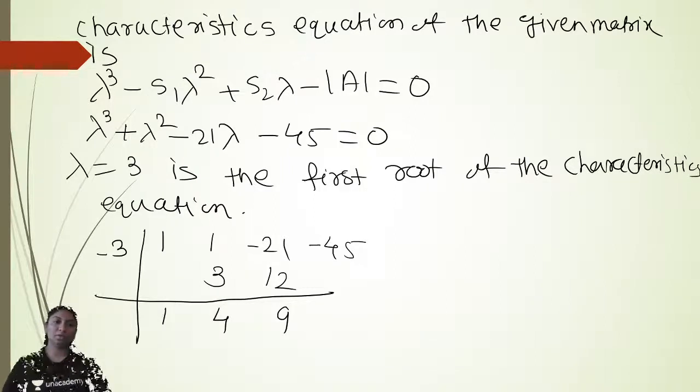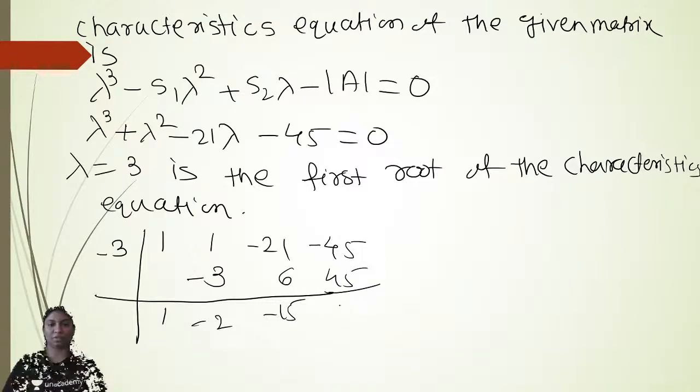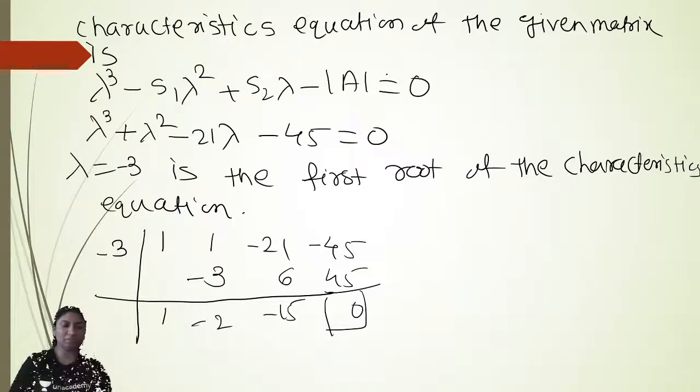So here we will get minus 3, so here is 2. So minus 3 into minus 2, here you will get plus 6. So here is minus 15, plus 45. Okay. Lambda is equal to minus 3 is the first root.